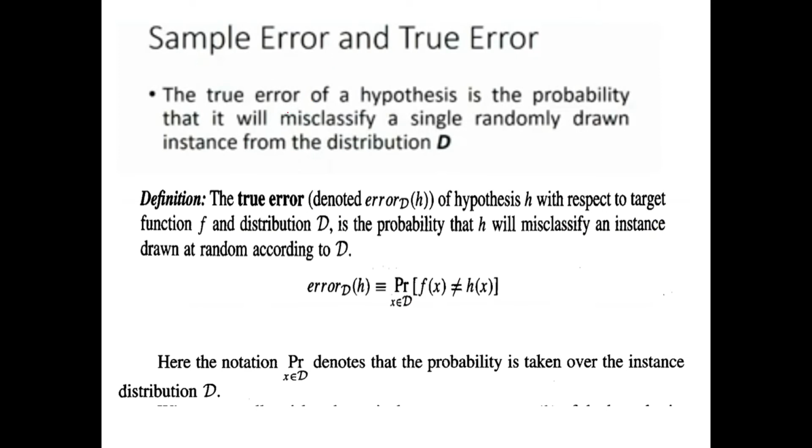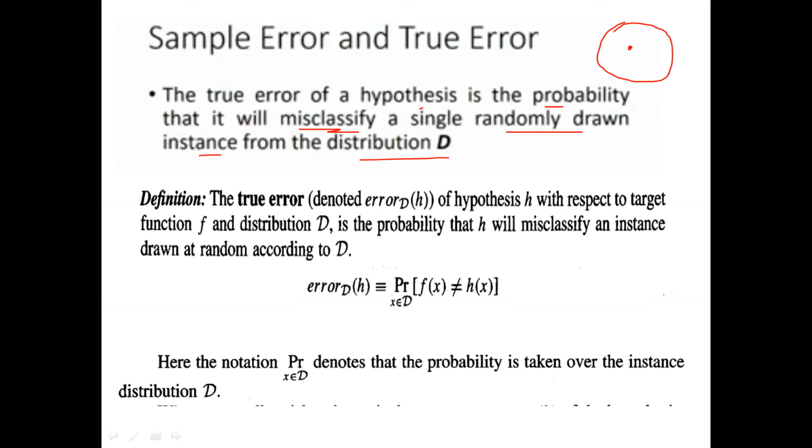So now we will look into the true error. True error means we consider the entire population, with an unknown distribution, you don't know how much is there, right? Now the true error of a hypothesis is the probability that it will misclassify a randomly drawn instance from the distribution D. When you consider your entire population and take one particular instance, is it classified properly or not?